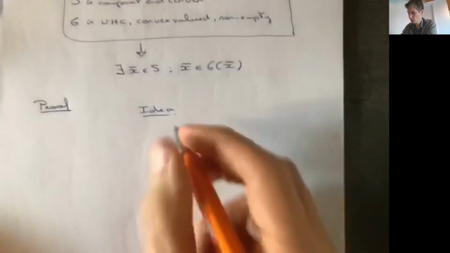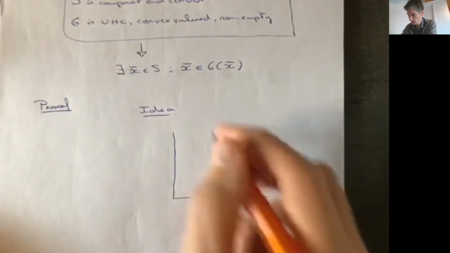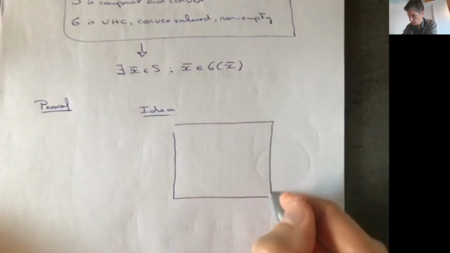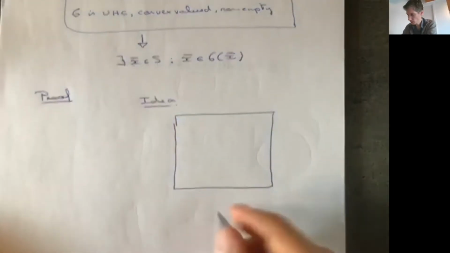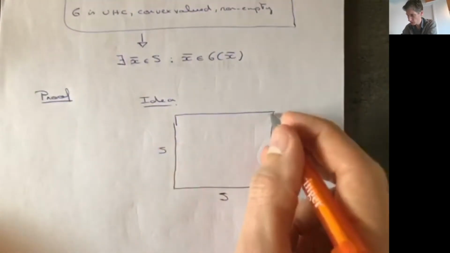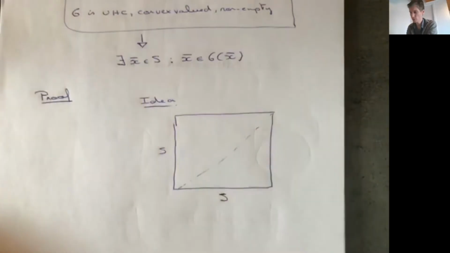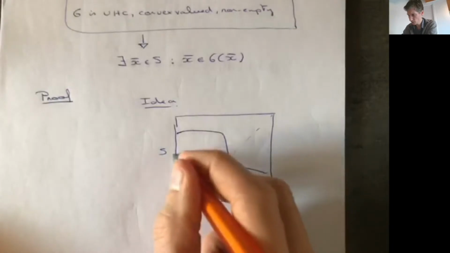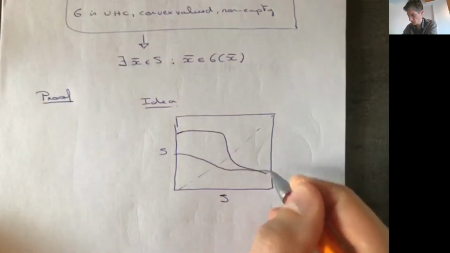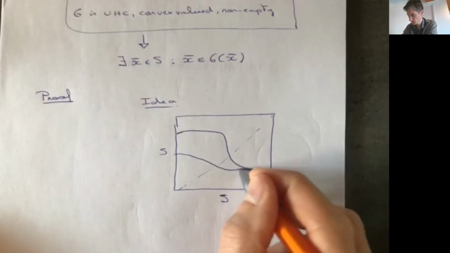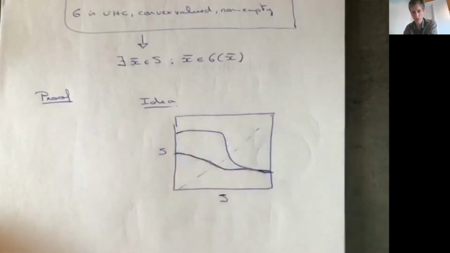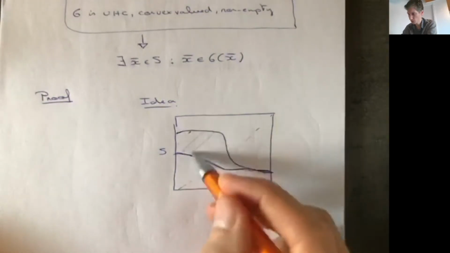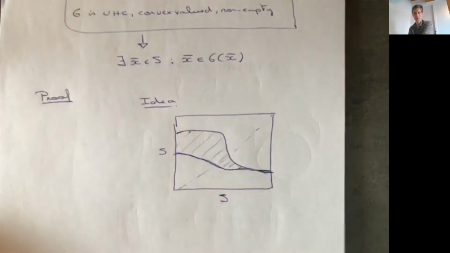So let's consider again the one-dimensional case. So we have S, some 45-degree line, and let's consider a correspondence, maybe something like this. Right, so here it's a single line, and then it opens up. Right, so this is the correspondence.